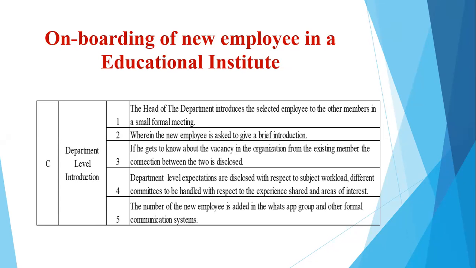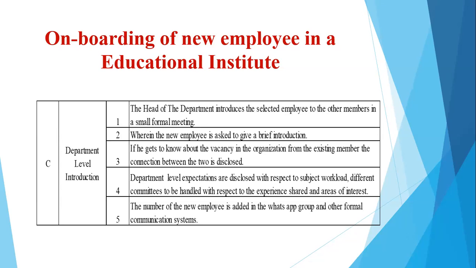Then department level expectations. Once the institute level expectations are taken care of, what does the department expect from such a new joinee to contribute, not only towards the academics but also to the extra and co-curricular activities that the institute or the department takes care of, are disclosed.